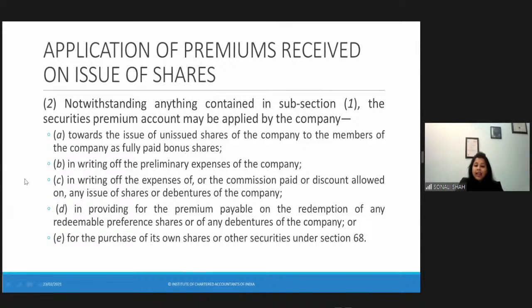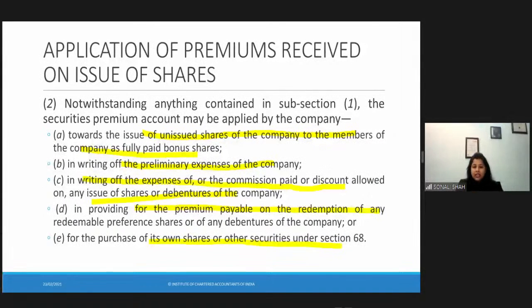What are they? They can be used towards the issue of unissued shares of the company to the members as fully paid bonus shares, in writing off the preliminary expenses of the company, in writing off the expenses or the commission paid or discount allowed on any issue of shares of the company, in providing for the premium payable on the redemption of any redeemable shares, and for the purchase of its own shares or other securities under section 68. So for the buyback purposes, right?